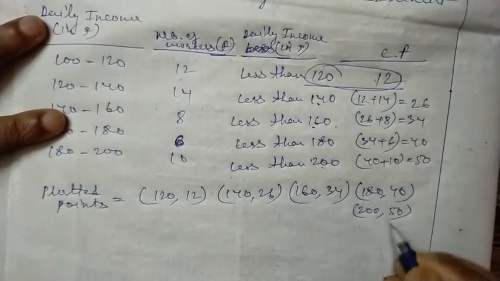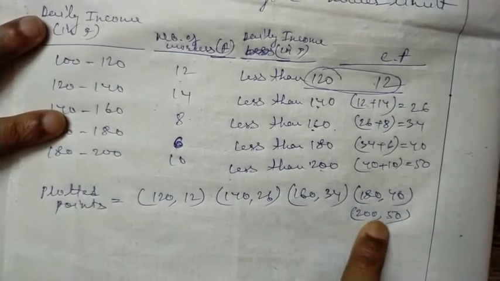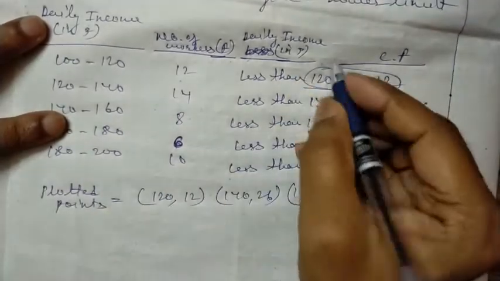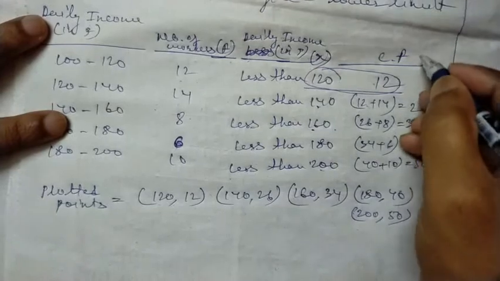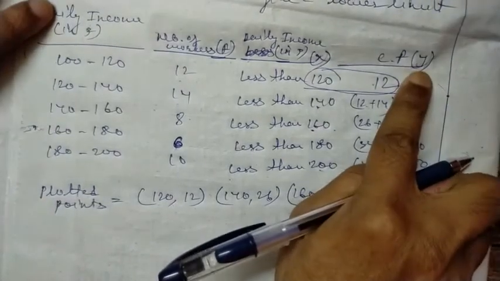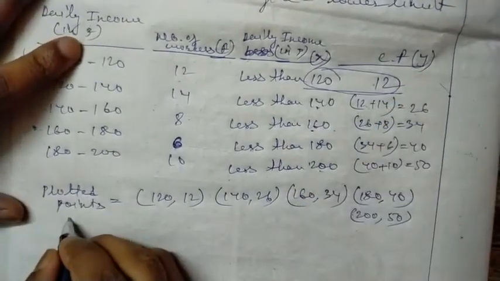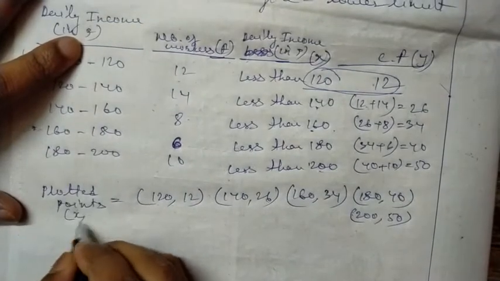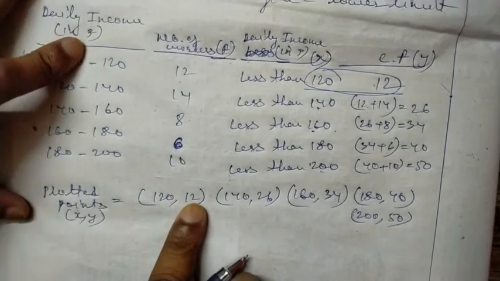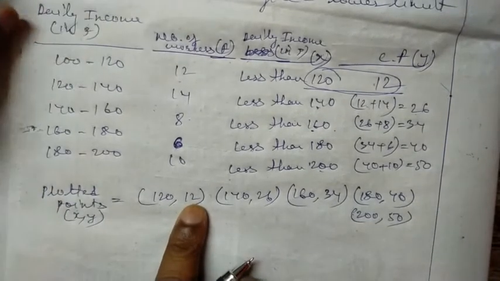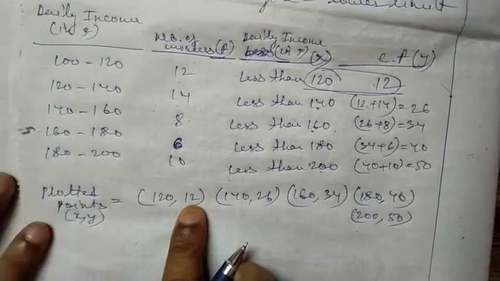Okay, so we can say this one is our x, and this one is our y. In a similar way, these are x, these are y. Now we'll put this on a graph paper.